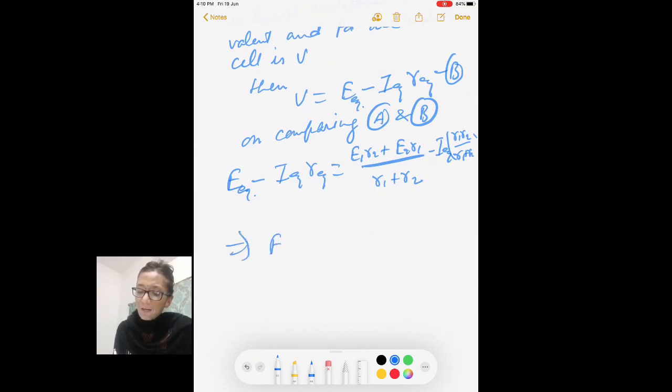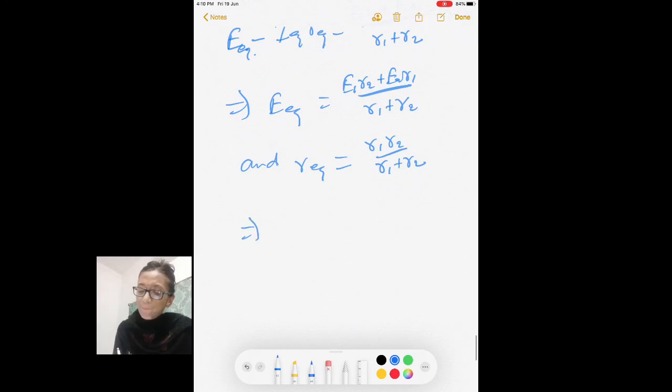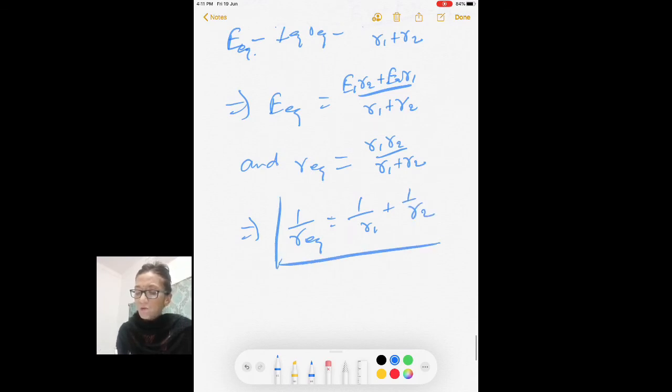It implies that E equivalent in parallel is equal to E1 R2 plus E2 R1 upon R1 plus R2, and R equivalent is equal to R1 R2 upon R1 plus R2. It implies that 1 upon R equivalent is equal to 1 upon R1 plus 1 upon R2. So it is justified. We know from before that in parallel combination of two resistors, the resistors are combined in this way.